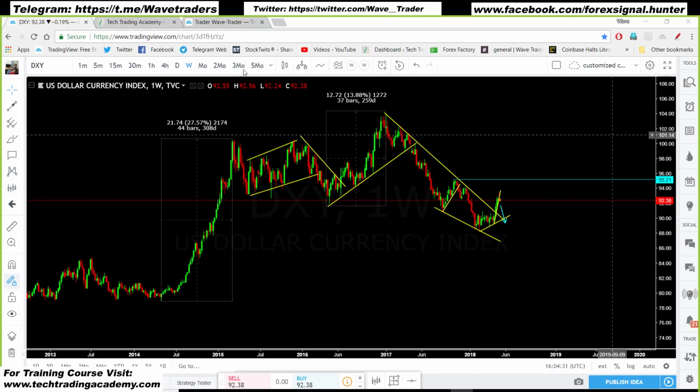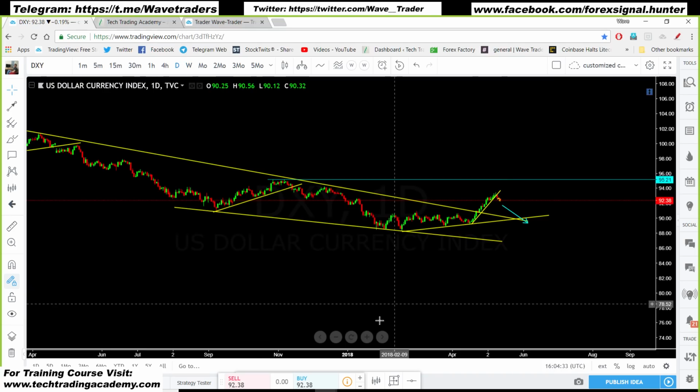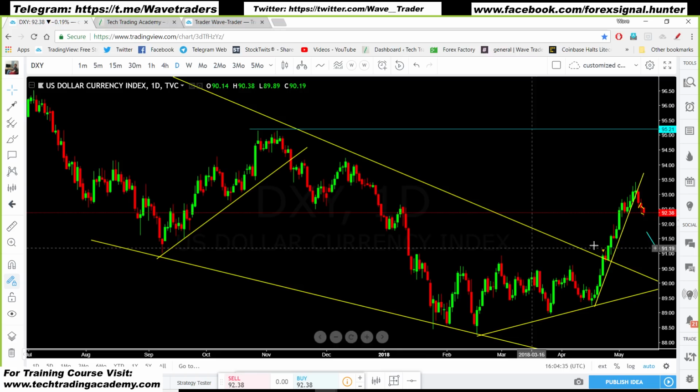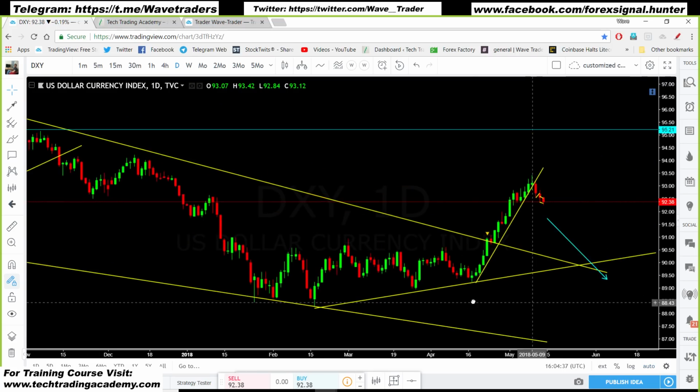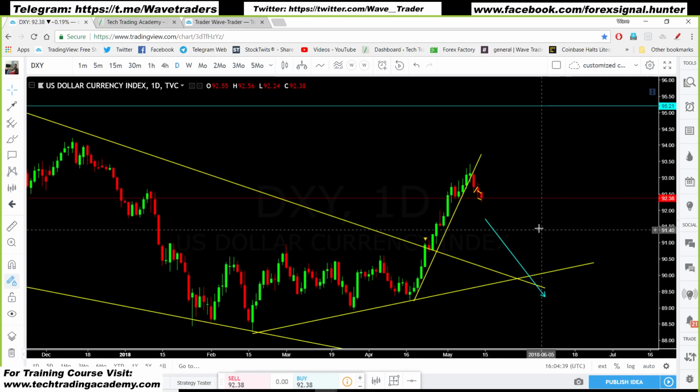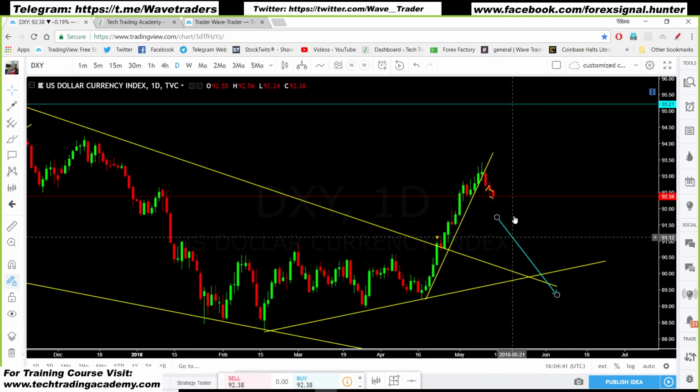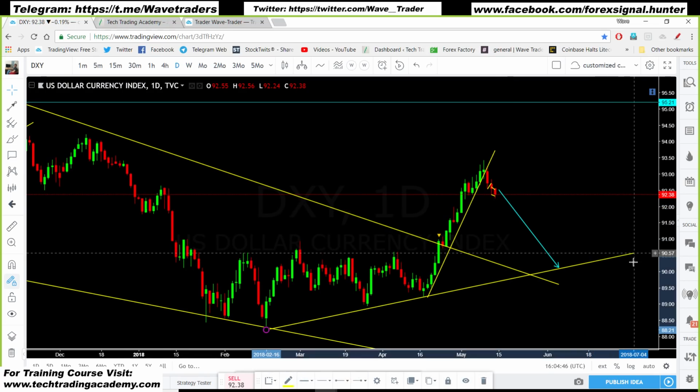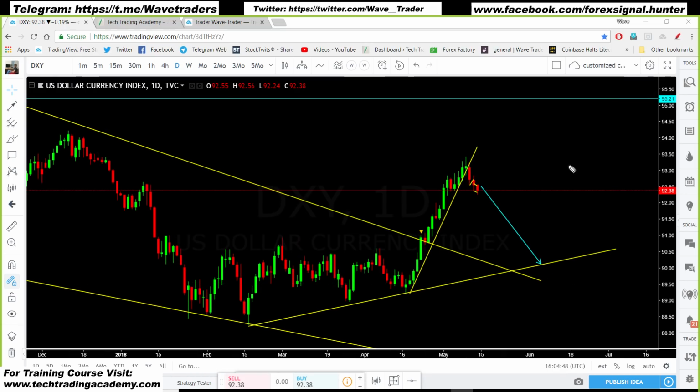The trade you guys need to look for, I hope you are already in that trade from the top, because I was showing you that trade last week as well. If you are already in that trade, that's okay.